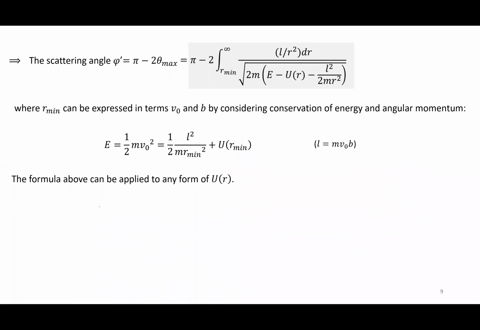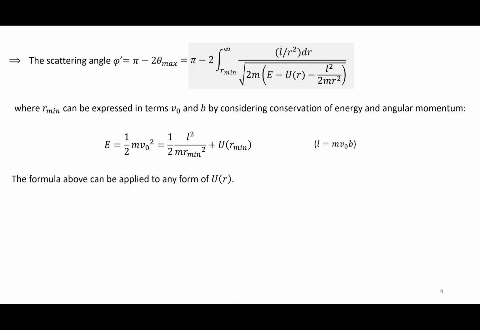Remember the scattering angle phi prime is pi minus 2 theta max. So it's pi minus 2 times this integral over here. This integral can be calculated; it really depends on the u of r. If it is 1 over r squared, then of course it can be calculated.